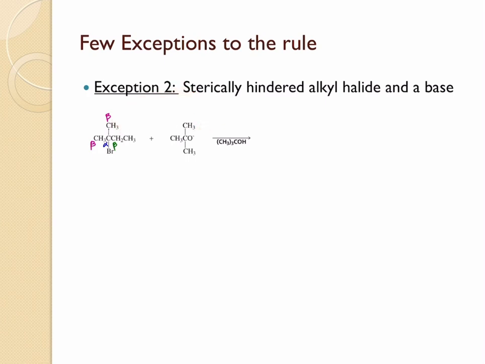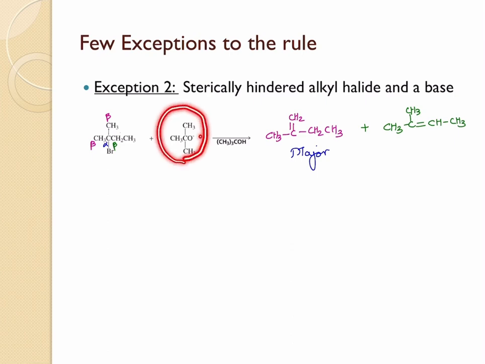In which case, this is your major product, and this one is the minor product. So this is the major product, although this is not the Zaitsev product, because the base that you've started with is sterically hindered, and also the alkyl halide is sterically hindered. While this is the least substituted alkene, it is still the major product because of steric hindrance.